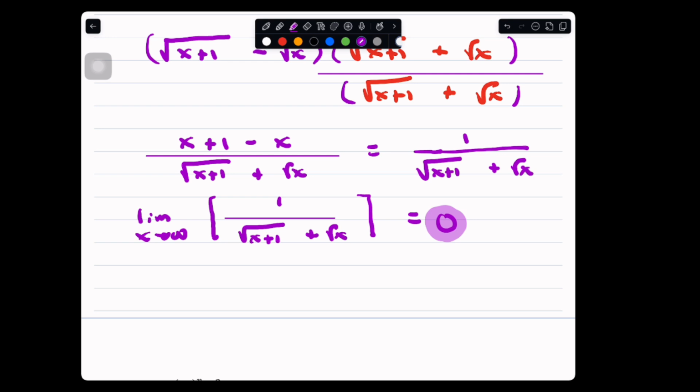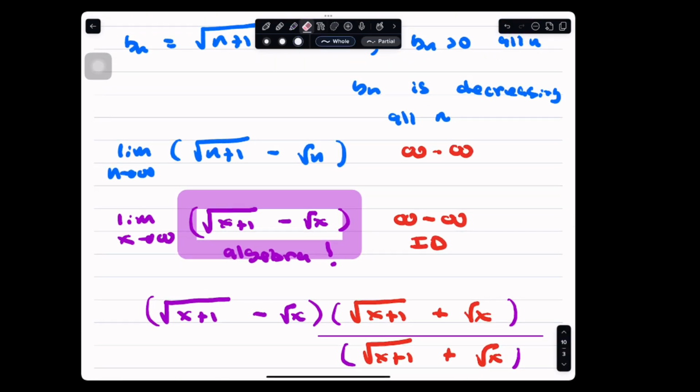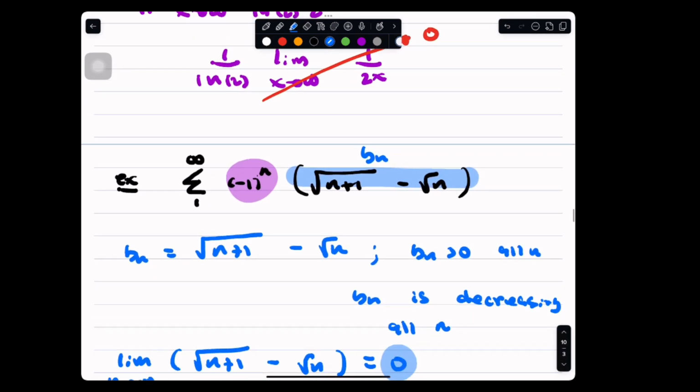And if that limit is 0, ladies and gentlemen, this limit is what? 0. So we can use the alternating series test. What does that mean here? This series what? Converges. Why? AST.